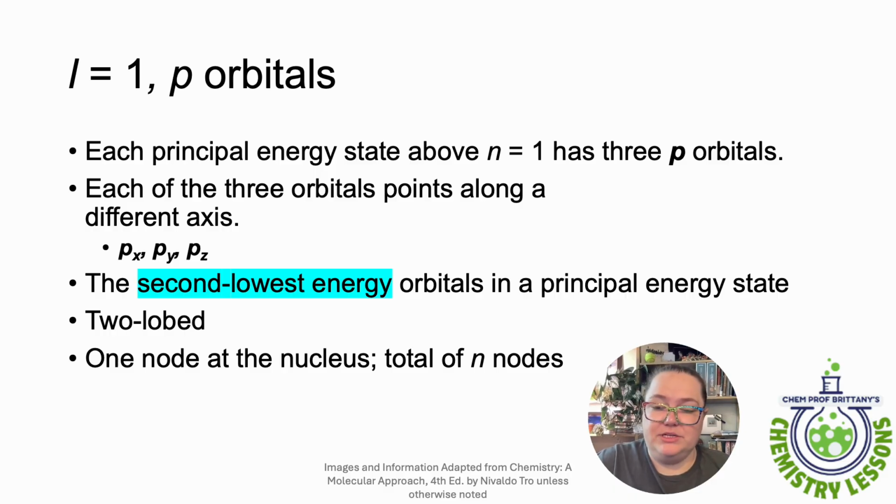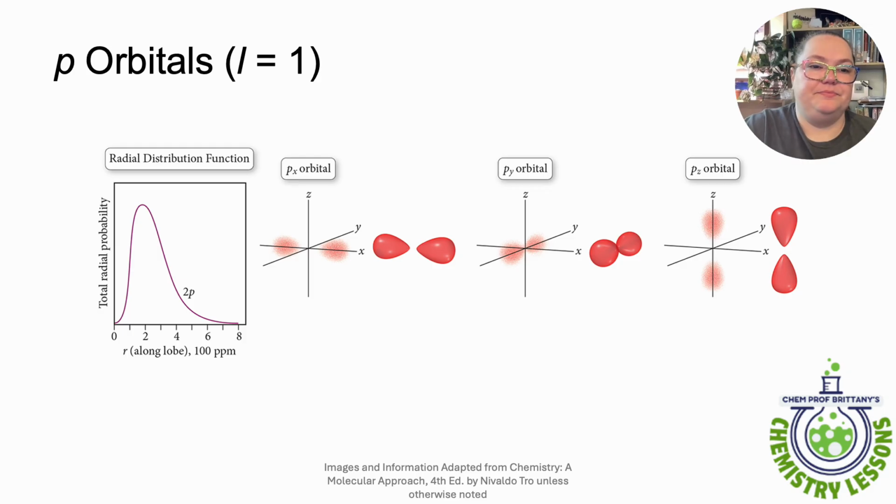They are 2-lobed and kind of look like balloons. I'll show you in a minute. And they have 1 node at the nucleus for a total of n nodes. So if n equals 1, then we have 1 node. N equals 2, we have 2 nodes, etc. All right, so here we can see you've got your x, and notice here we don't have it drawn in the middle.